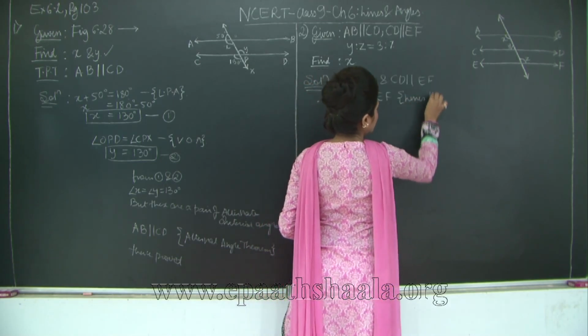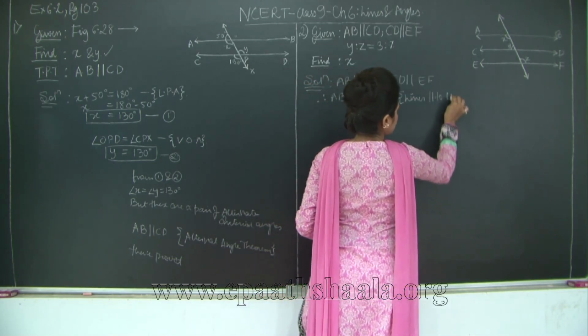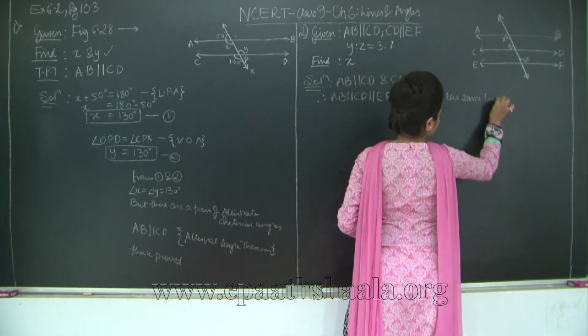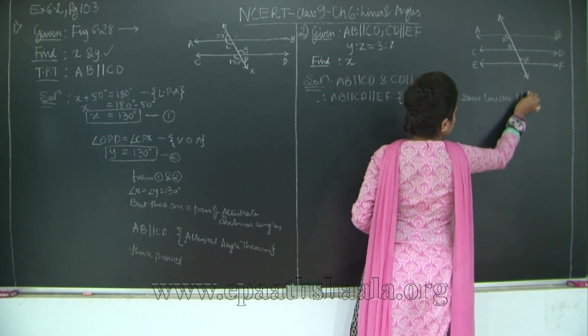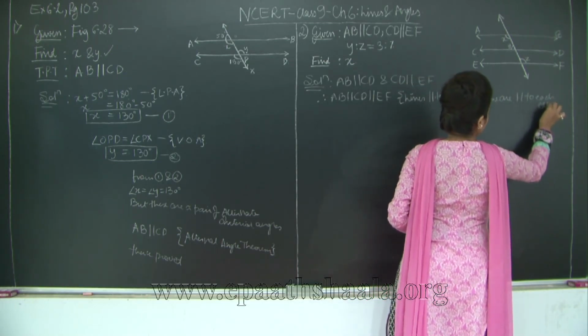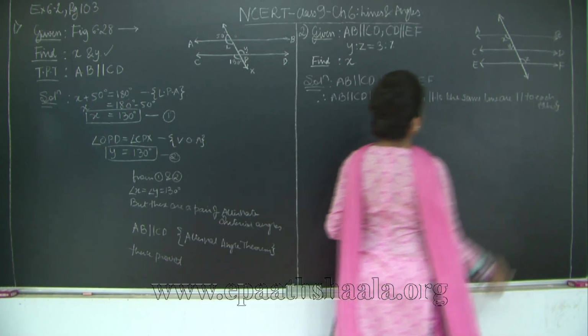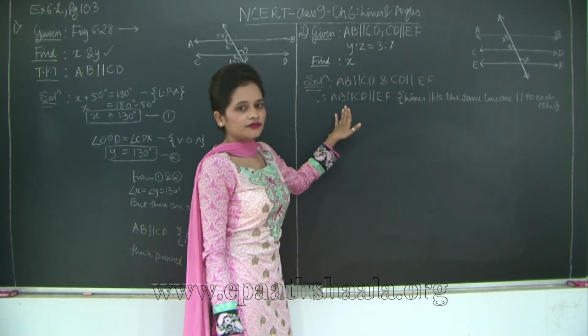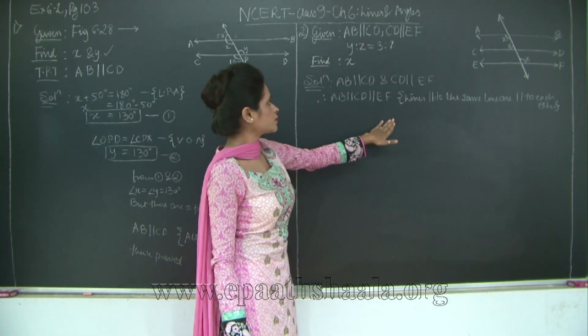Lines parallel to the same line are parallel to each other. So, at least from the given here, we have found that AB is parallel to CD is parallel to EF.